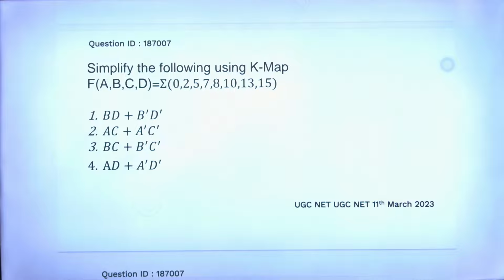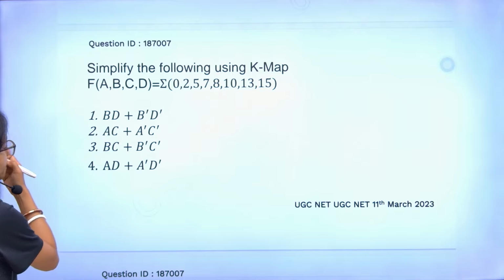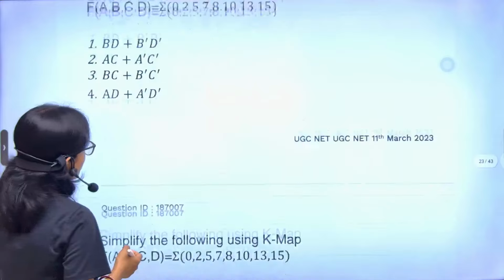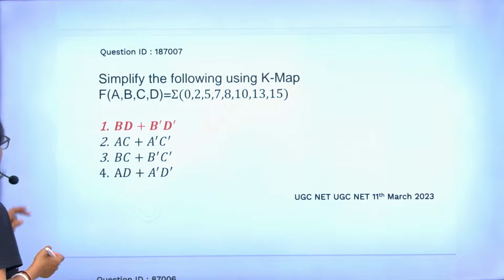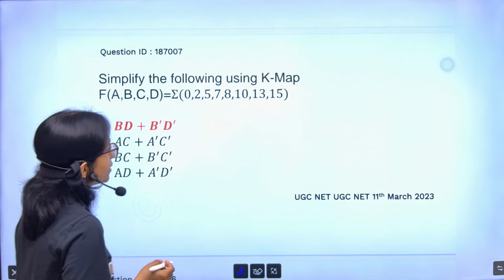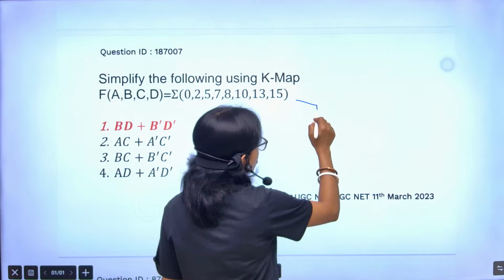Okay, I am getting the answer. So simplify this expression. How to simplify? Here your answer is option 1. See how to do it. Here 4 variables are there, so first of all you have to draw the K-map.